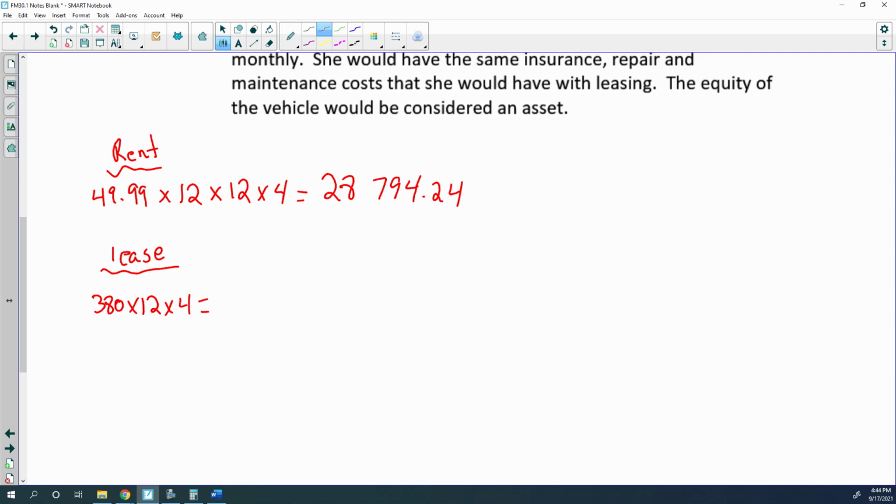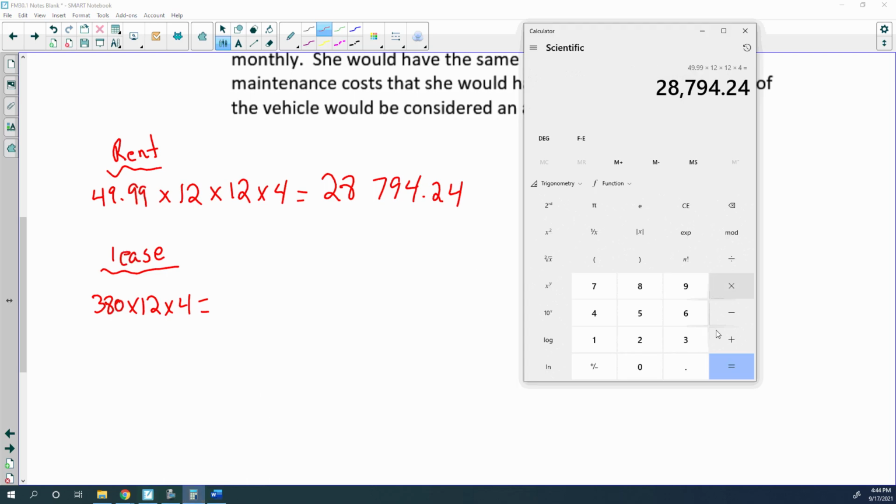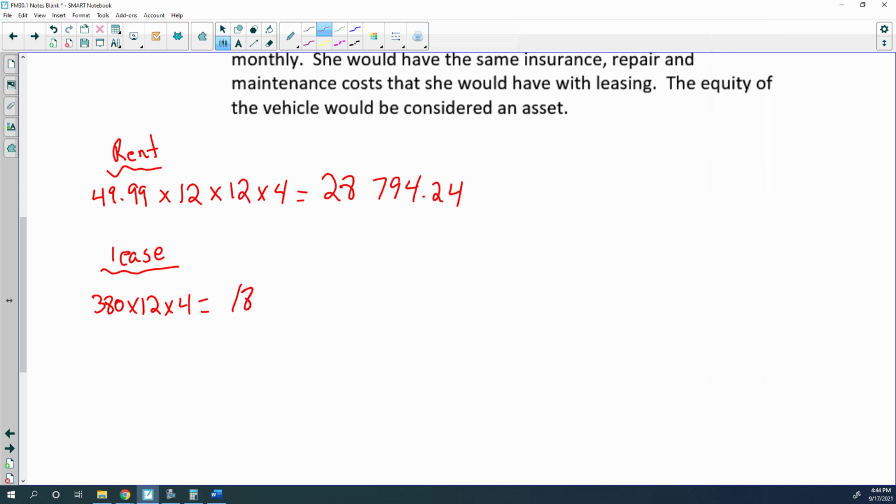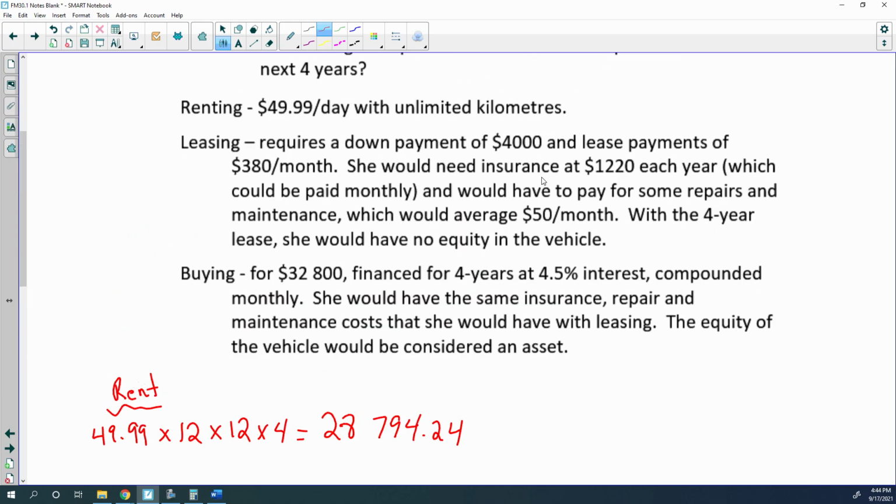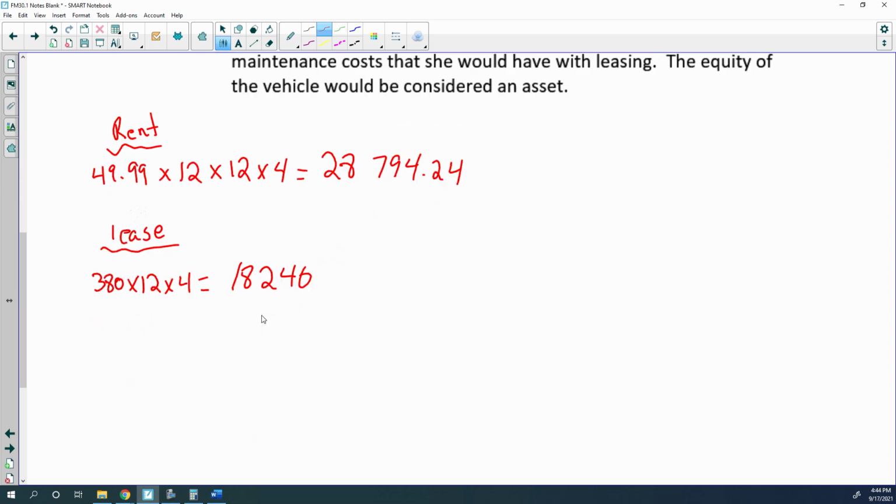So for her regular payments, she is doing 380 times 12 times 4. So that's 18,240. Then on top of that, she is doing the maintenance costs of $50 per month.